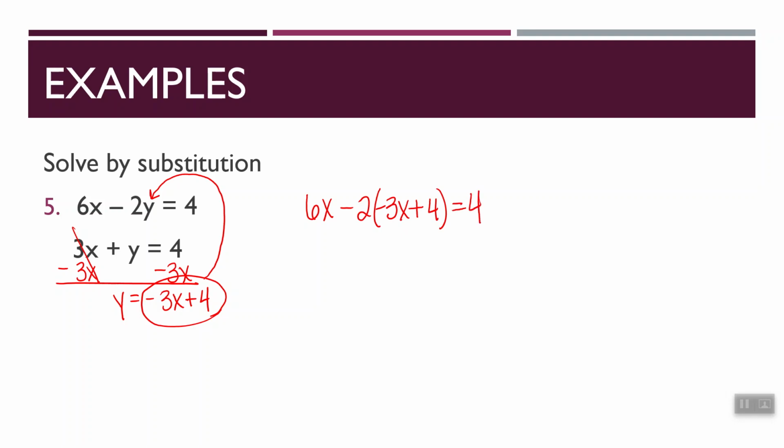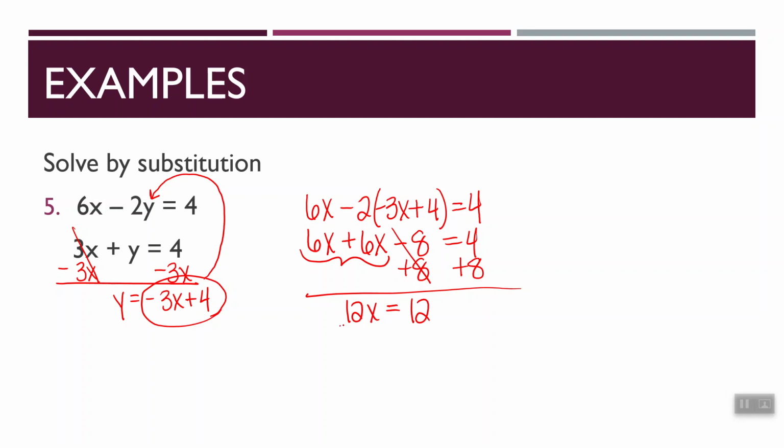So plugging negative 3x plus 4 in for y, and now I need to distribute the negative 2 through. Add 8 to both sides, and I'm going to combine my like terms at the same time.